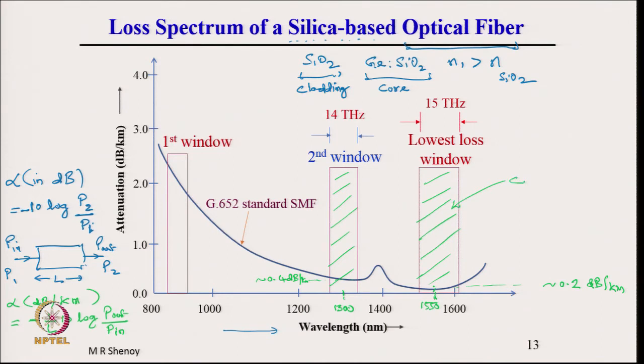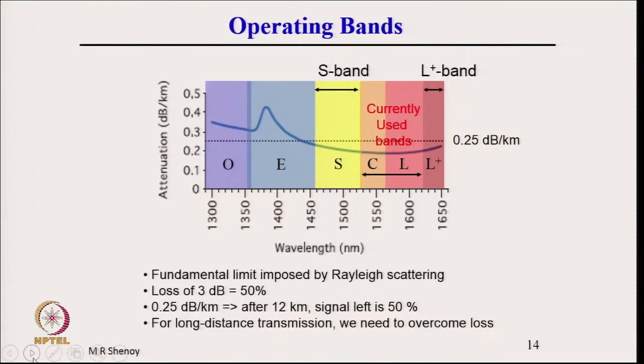The current optical fiber communication systems use the low loss window centered around 1550 nanometer. So the point is the source must have a wavelength in this range. The source should be chosen such that it corresponds to the lowest loss of the optical fiber, so that the signal attenuates least when it travels through several kilometers of the fiber. So, let us see this further.